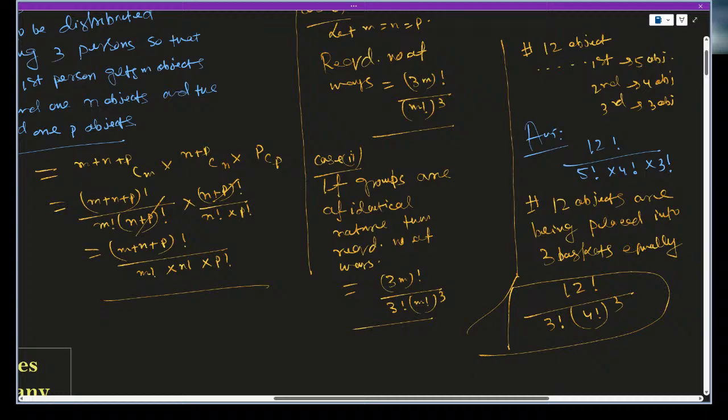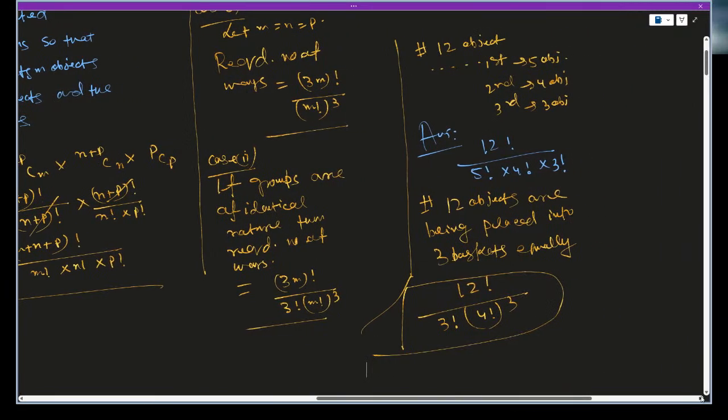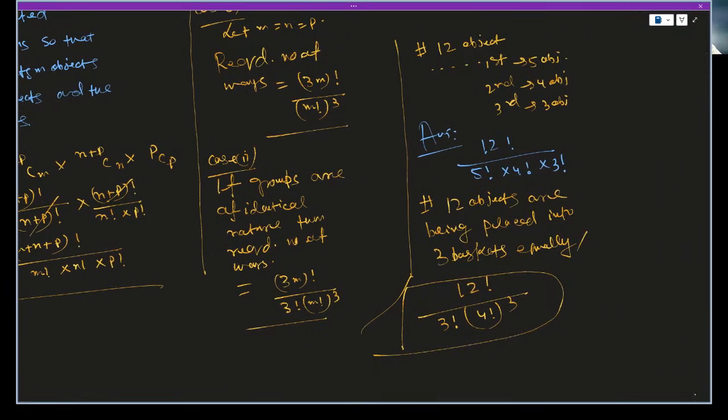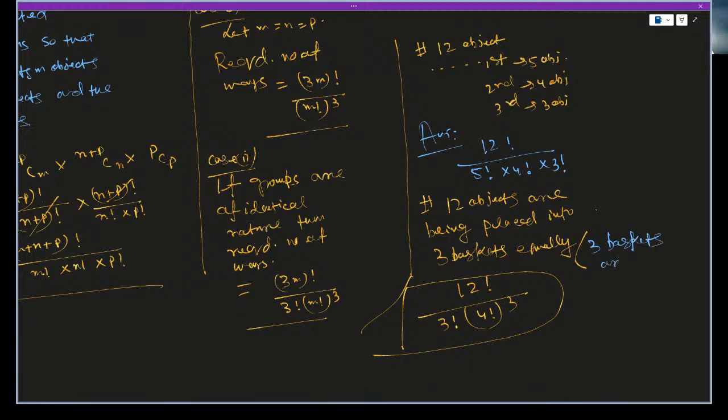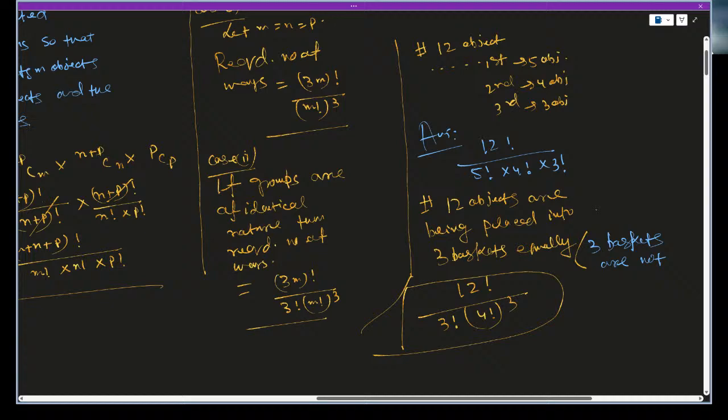Understood? And here these 3 baskets are not distinguished. I must write that condition there: the three baskets are not distinguishable.